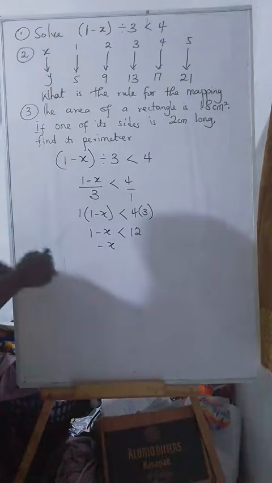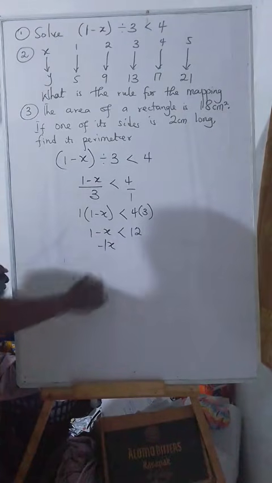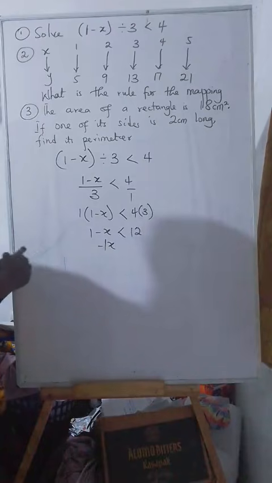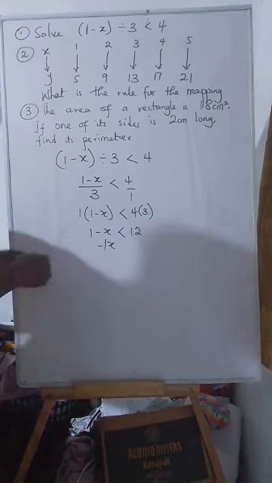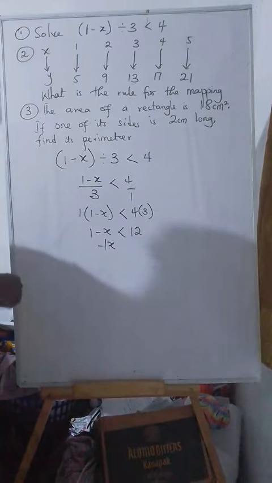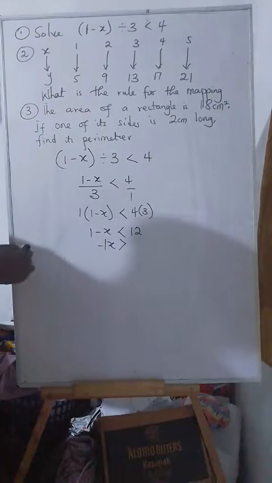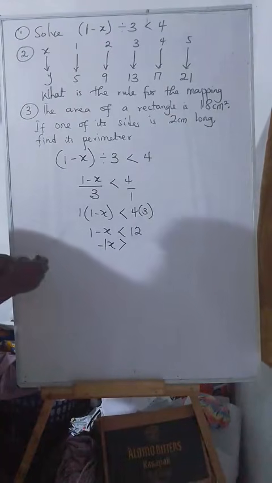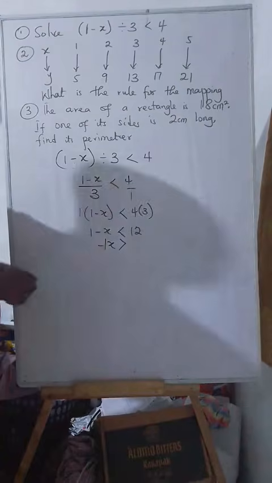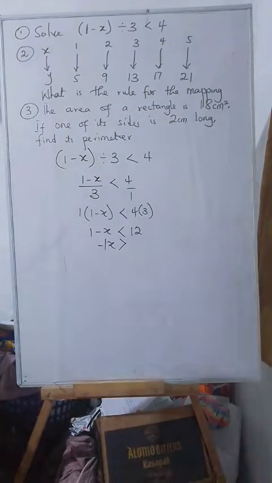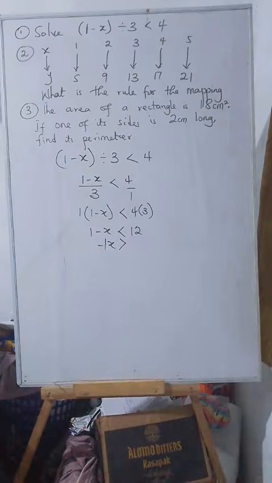Since the coefficient of the x is negative 1, that is any letter without a number, the number is 1, and this is negative. So the sign changes, rules for inequalities. When the coefficient of the variable is negative, the sign changes.